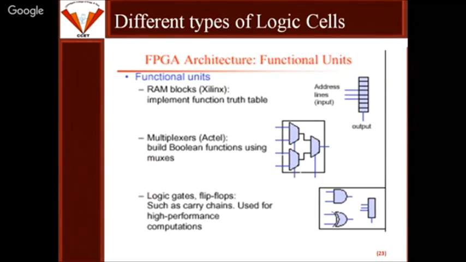In the case of Actel, it is based on multiplexer technology. Different multiplexers are used to create different gates, and those gates are applied to build different designs, building Boolean functions using multiplexers. The third one is logic gates, flip-flops, and carry chains used for high performance computation.